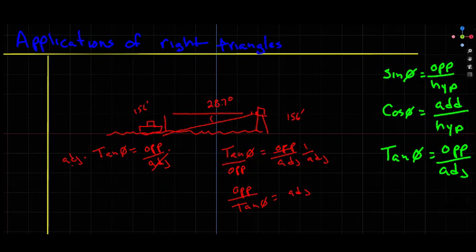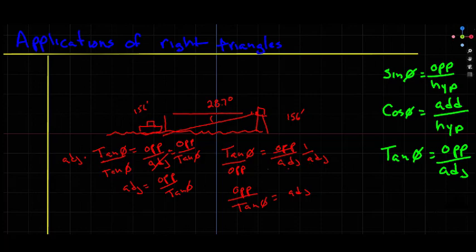Not really what we want. We want adjacent on a side by itself. So if we now divide both sides by the tangent, we end up with the opposite over the tangent of theta equals the adjacent. So it's just a couple of moves here different than what we did on this side.